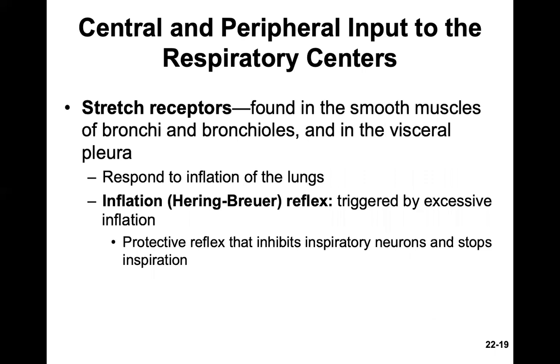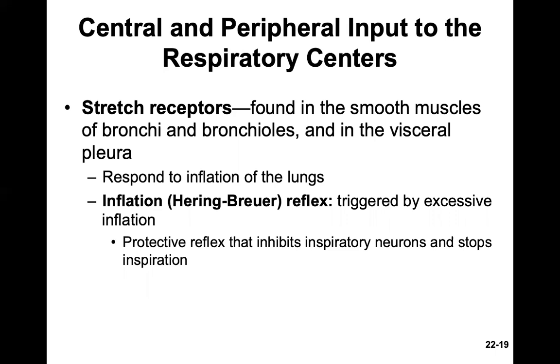Stretch receptors. Stretch receptors are found in your smooth muscles. Remember, your smooth muscles are the ones that you do not control. They're found in your organs like your bronchi, your bronchioles, and your visceral pleura. These respond to inflation of your lungs.